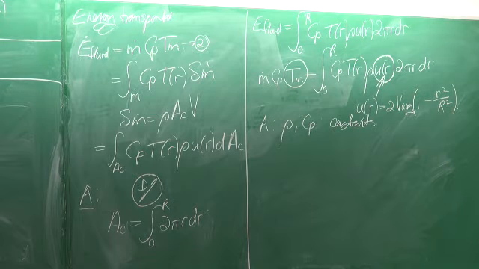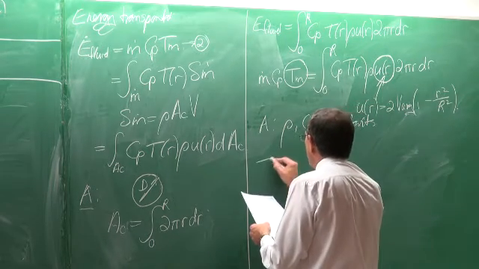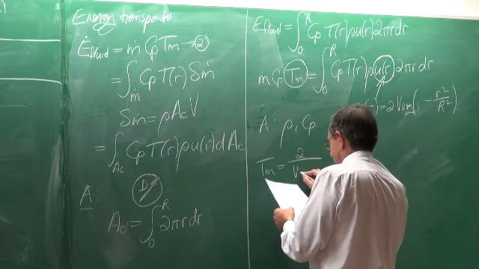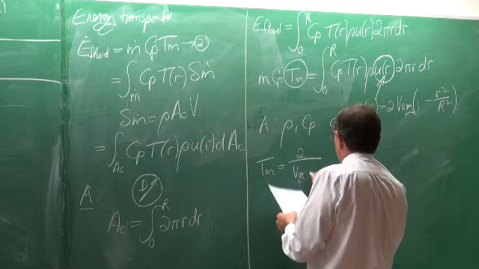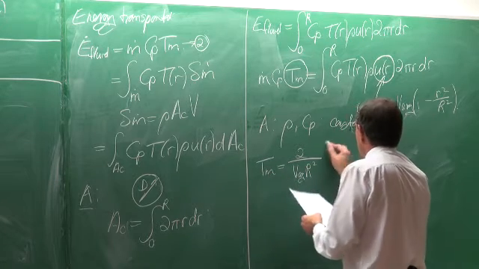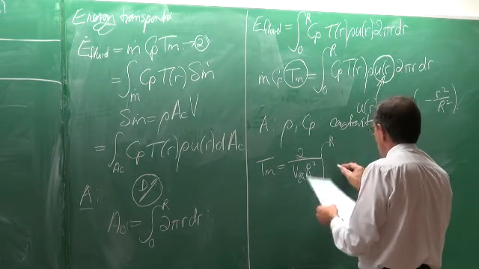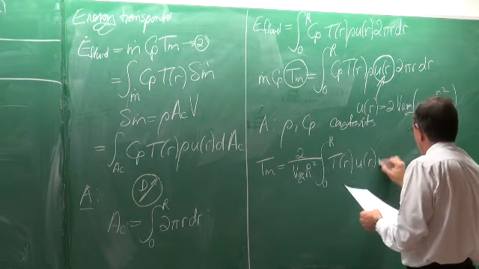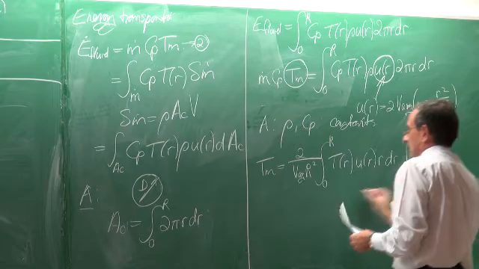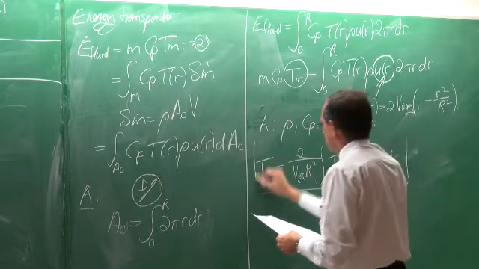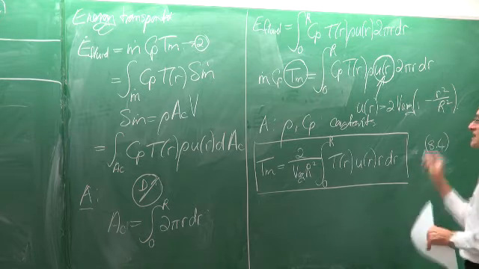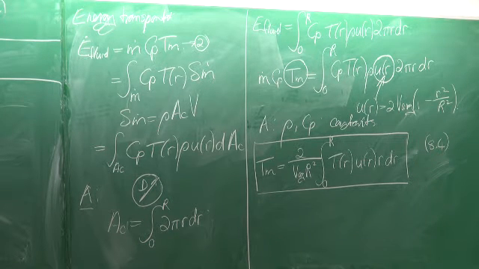I don't expect you to be able to derive this equation, you just need to know where it comes from. Then we can derive that the mean temperature is equal to 2 times V average divided by R squared, the integral from 0 to R of T(r) U(r) r dr. Okay, and that is equation 8.4 in the textbook of Cengel and Ghajar.